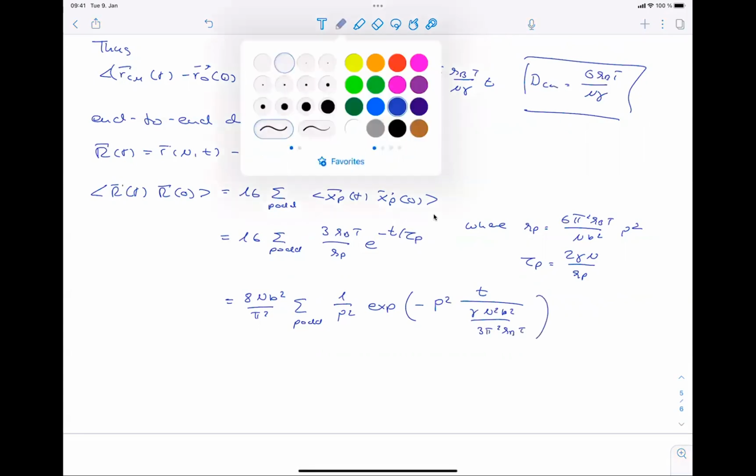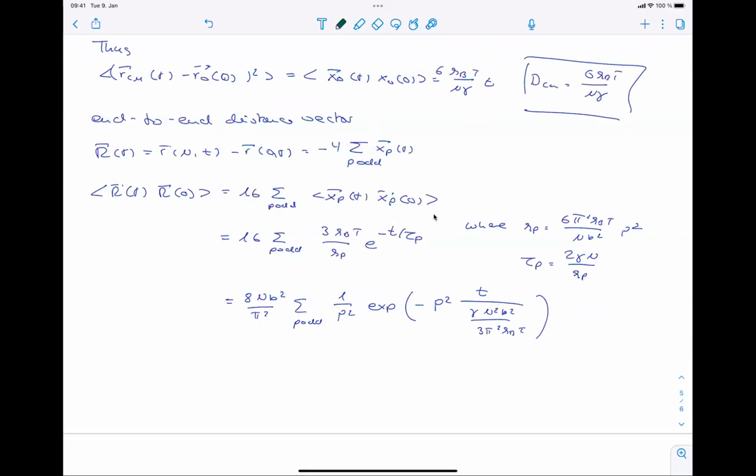So what is now insightful to see is the dependence on p, and so we see that the higher p, the smaller the contribution of the mode, and so the mode that contributes most is the mode at p equal 1, right?